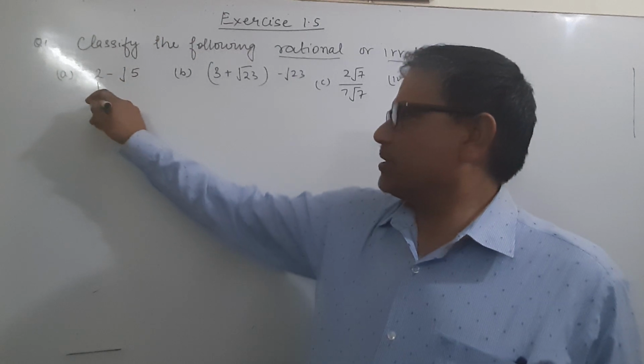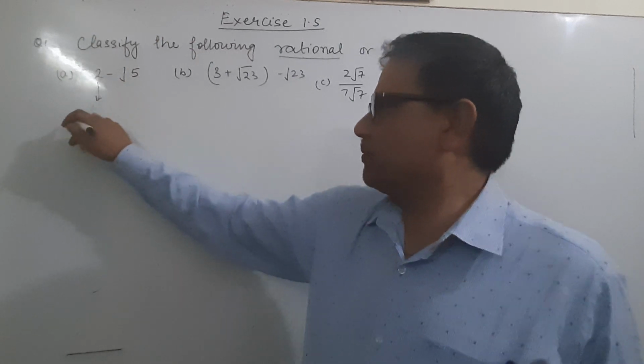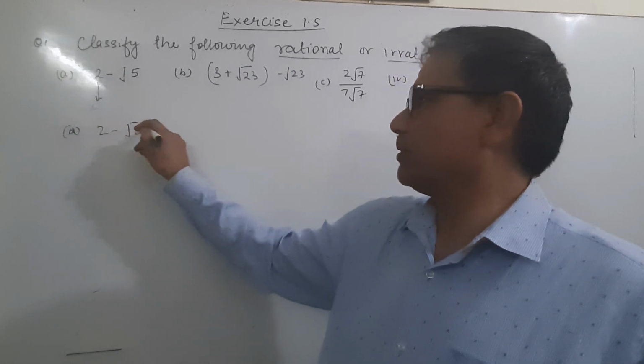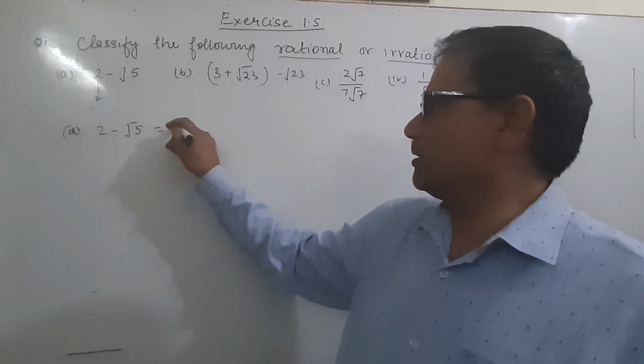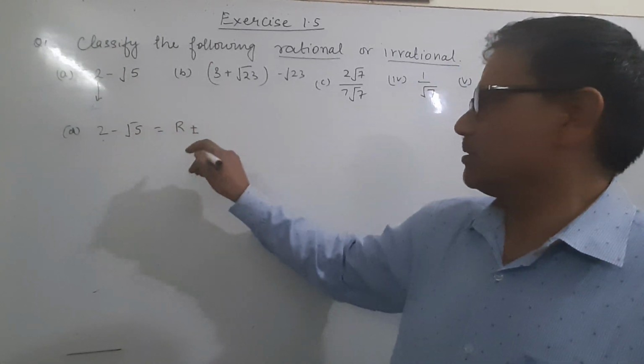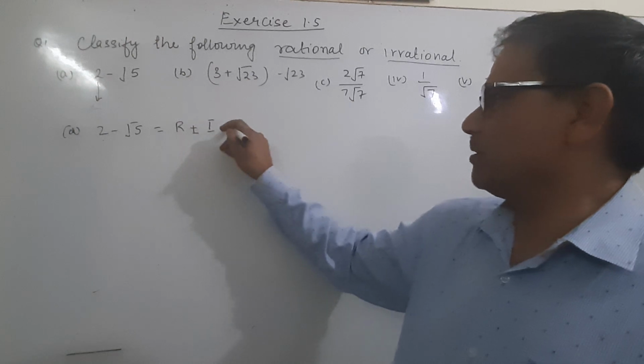2 is rational, and the first point is A. 2 minus root 5. 2 is rational, 5 root is irrational.